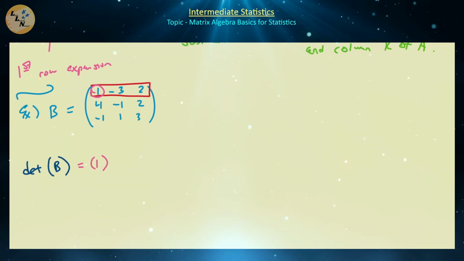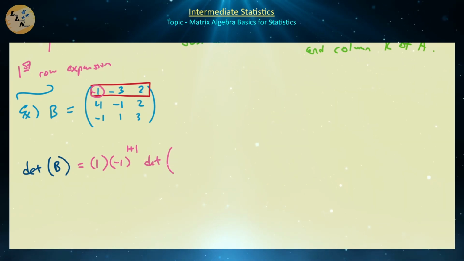Notice we're at cell position column 1, row 1. So that's going to be negative 1 to the power of 1 plus 1, which is positive. Then we multiply that by the determinant of the submatrix we get when we eliminate column 1 and row 1. So that's the determinant of minus 1, 2, 1, and 3. And then we're going to move on to the next cell in that sequence.